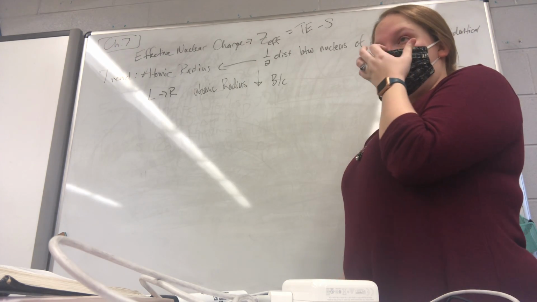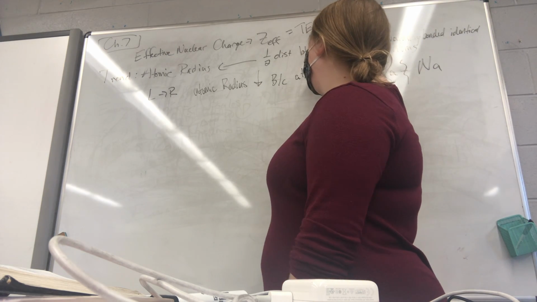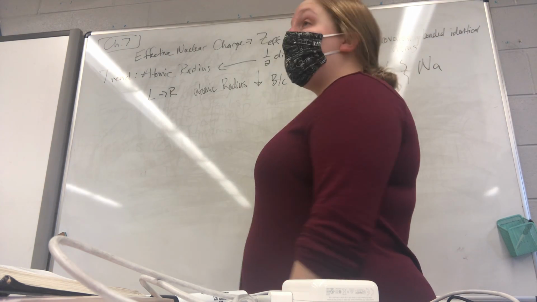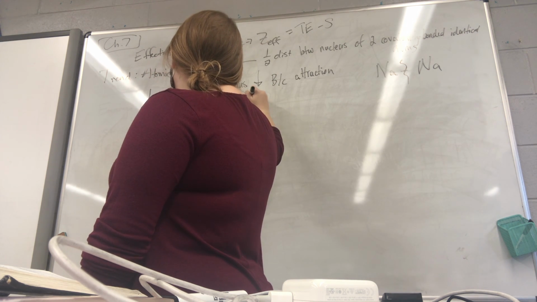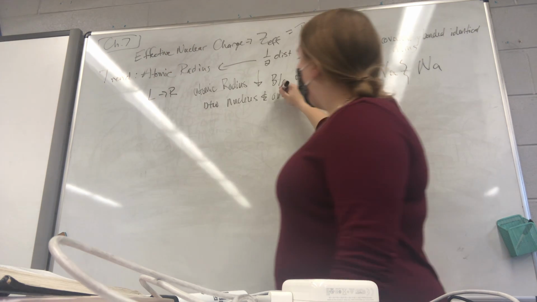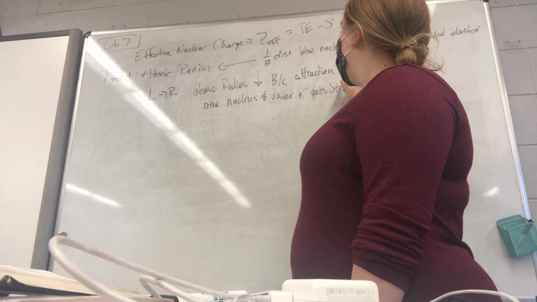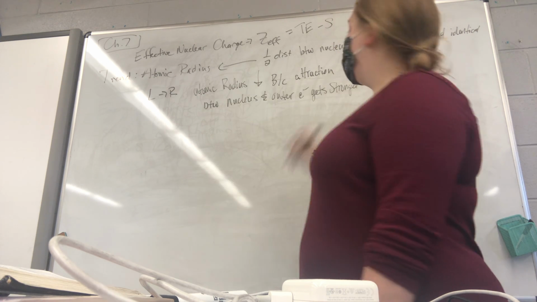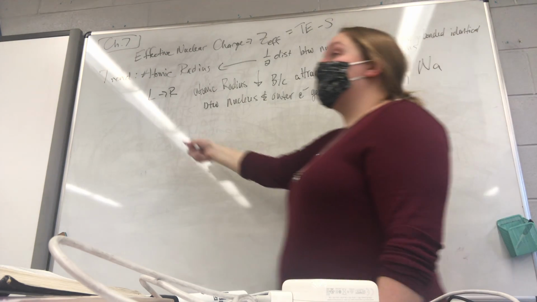Because there's a stronger attractive force between the atoms, basically, because more electrons. That's absolutely correct. Attraction between the nucleus and outer electrons gets stronger. As we move left to right, these are going to shrink.